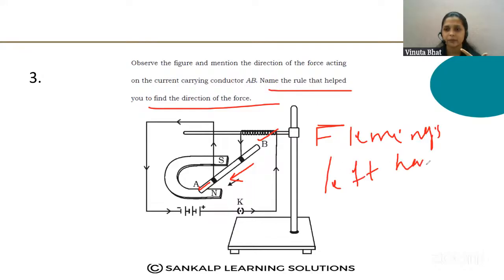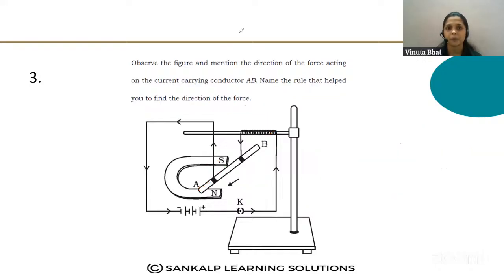Knowing the direction of the current, in which direction does the current carrying conductor experience the force? In this direction. So it is experiencing the force in the left direction.